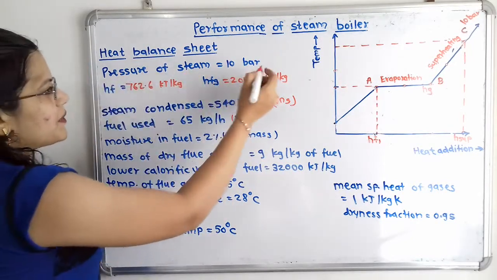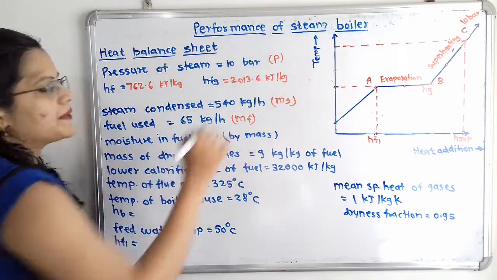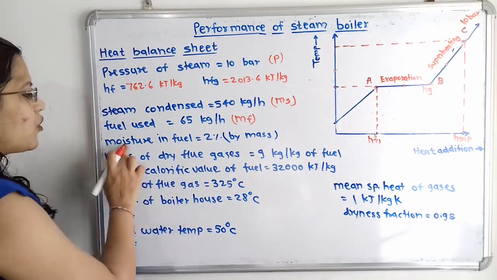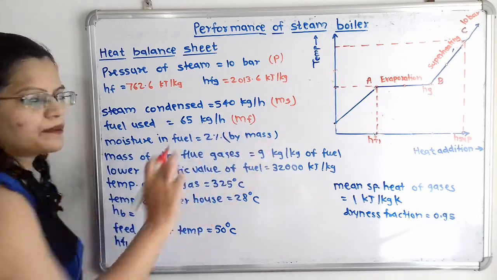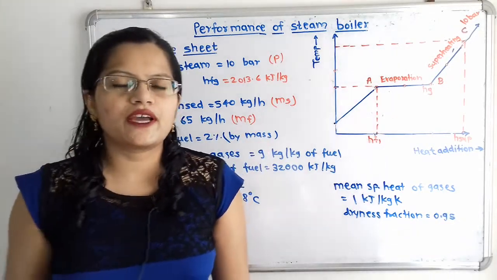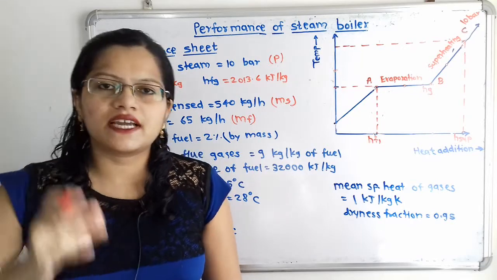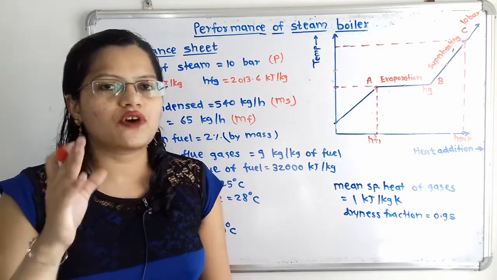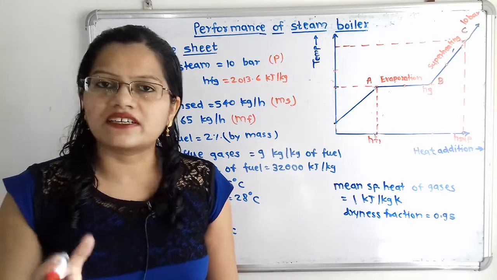So here also the pressure of steam we will give letter P. Then moisture in fuel. So here moisture in fuel is 2% by mass. That means moisture is present in fuel, and we have to consider it while calculating the heat supplied by fuel, that is the dry fuel.